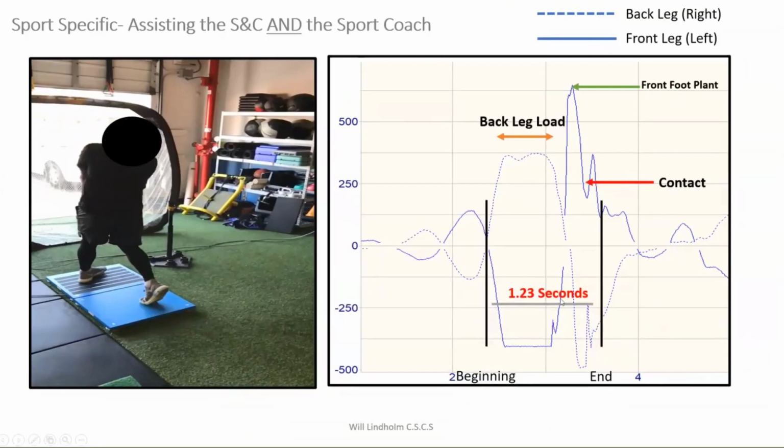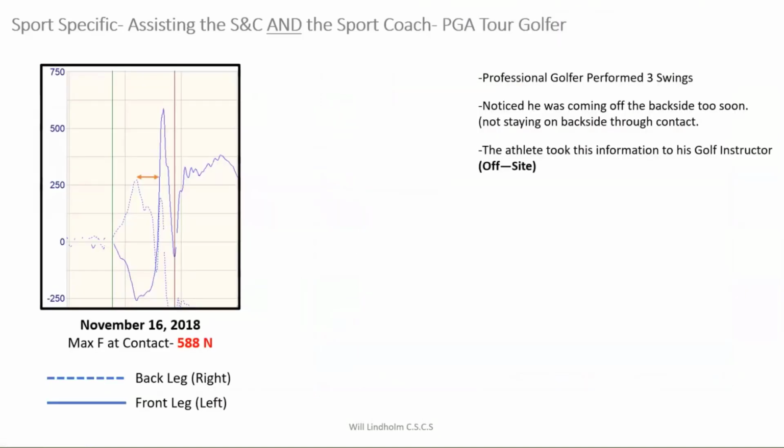We want this to be short and sweet. Go over this because it's just like a golf. So if there's a break in the back leg with this golfer from the PGA Tour, he's limiting the amount of force he can drive into the ground. So I tell him this, he goes to his PGA Tour hitting coach.